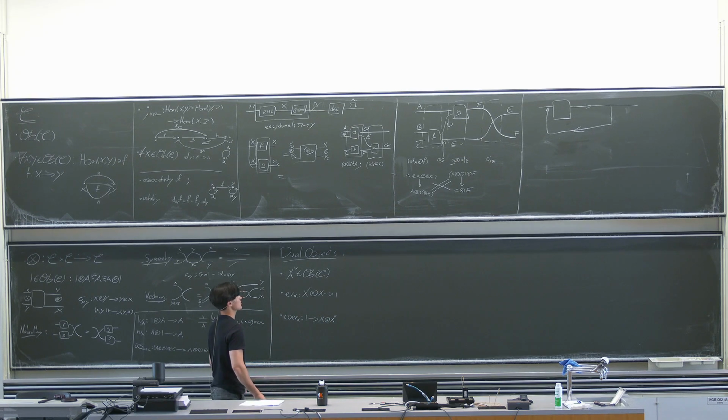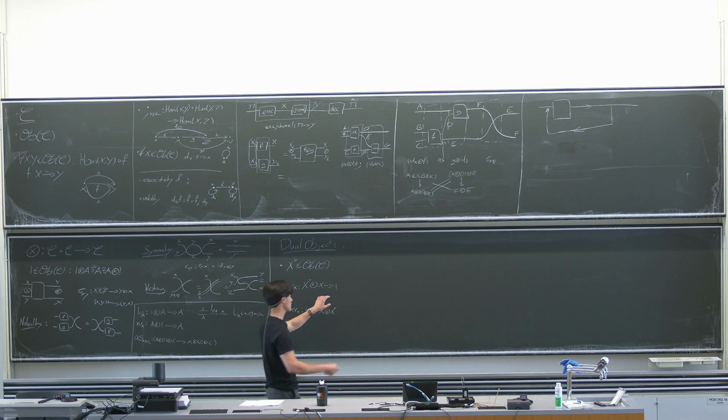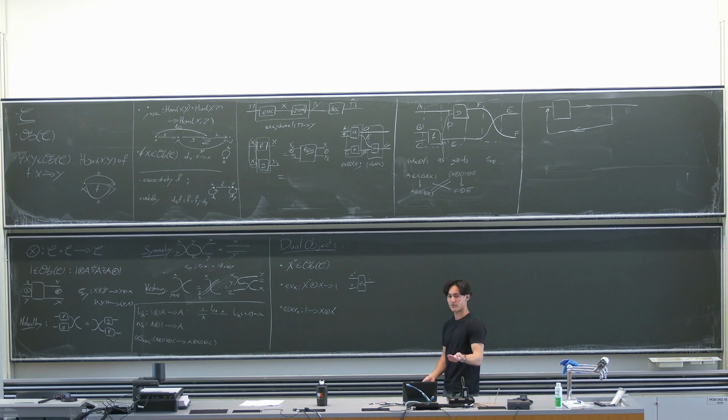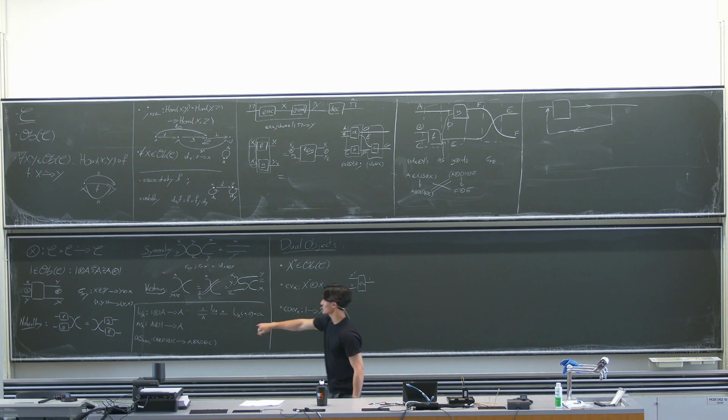But before we see these conditions, let's just write these out, okay? The evaluation of X goes from X tick cross X to 1. What we've said is that we don't really draw 1 because this is basically the same thing, so we can just not think about this.